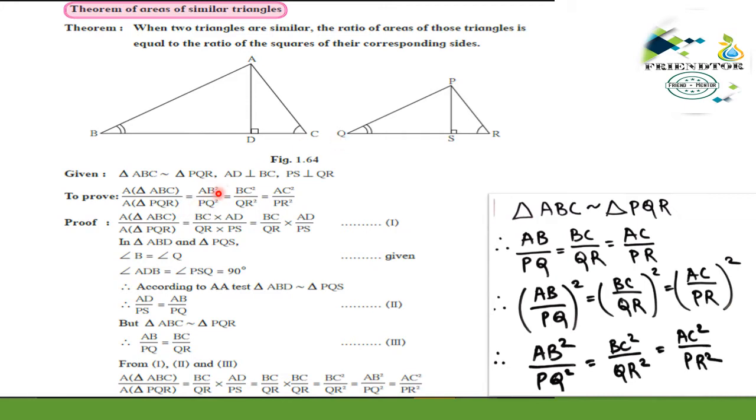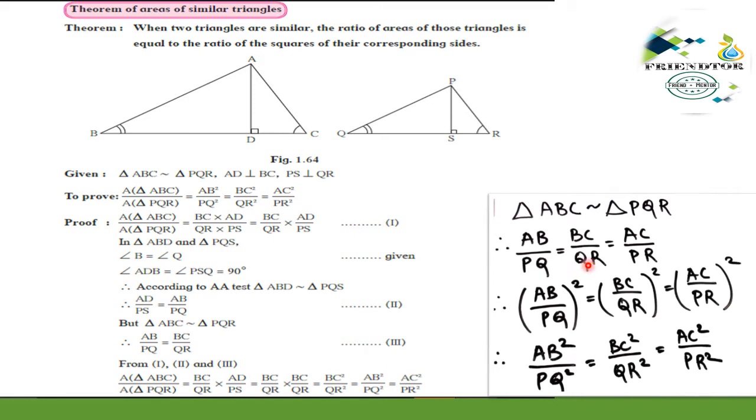Any corresponding sides you choose and square, the ratio will be the same as the ratio of the areas. If I forget this area part, then this part is already trivial. Trivial means it can be easily proved.